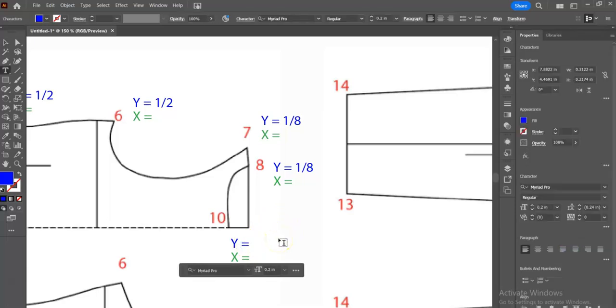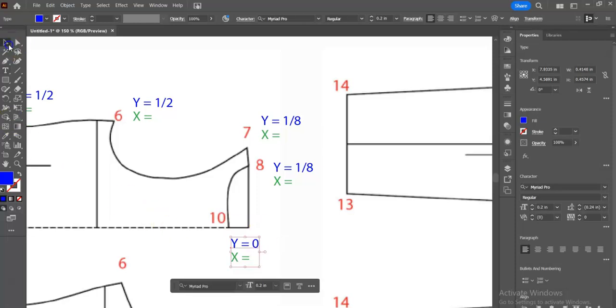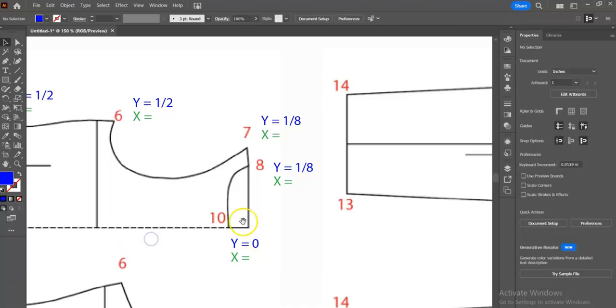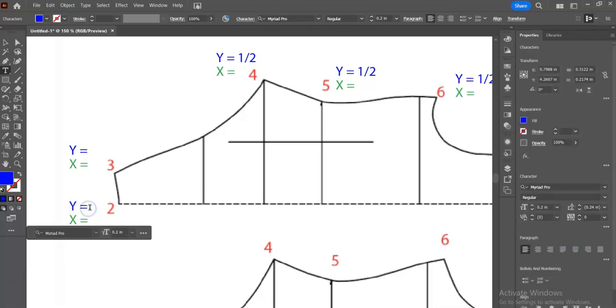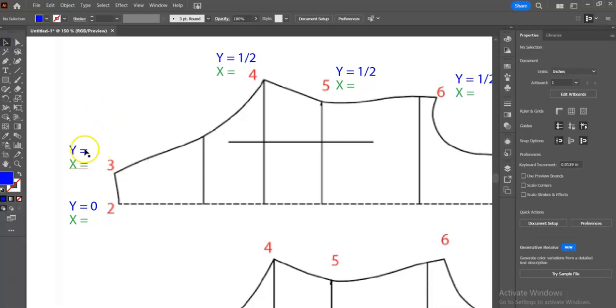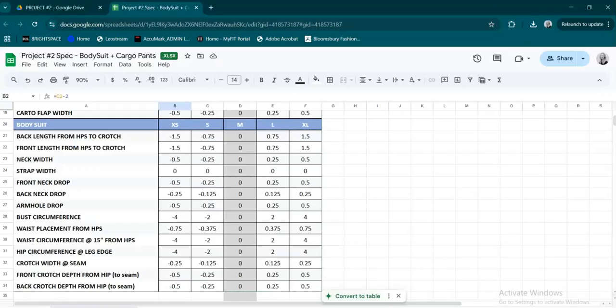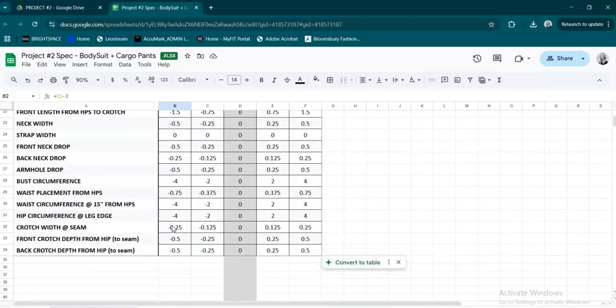All right, my Y value at these grade rules on the x-axis are going to be 0. Okay. And so lastly, we have to figure out 3. So if I look at what point of measure is dictating my grade rule number 3, it's the crotch width at seam.